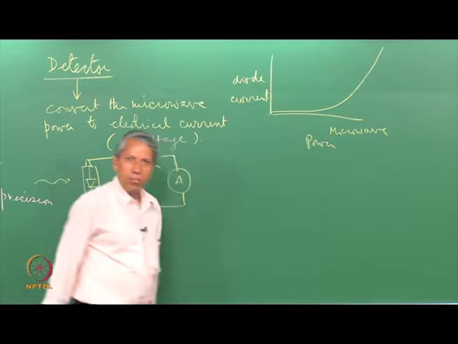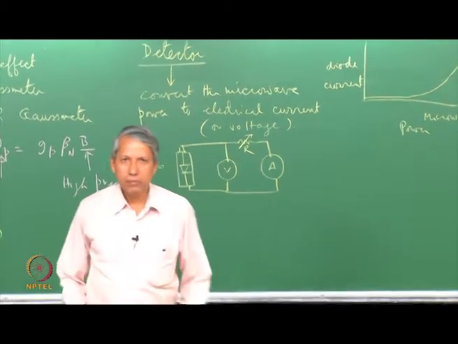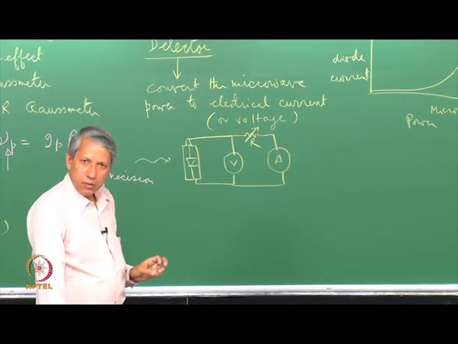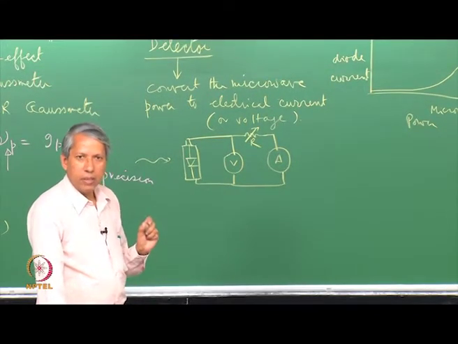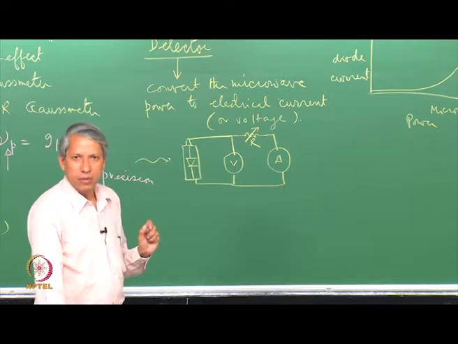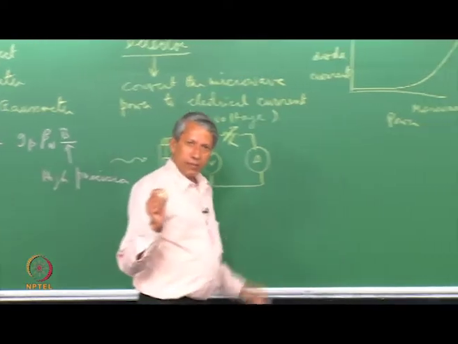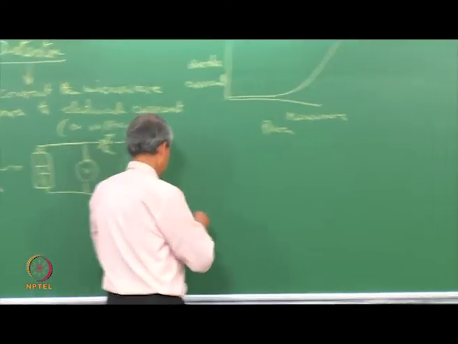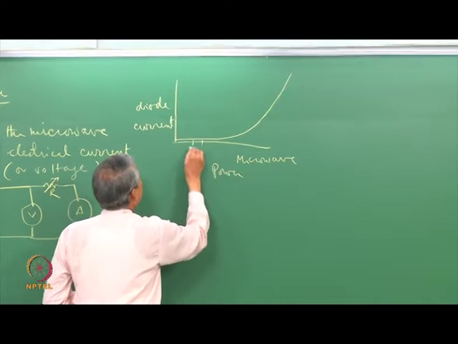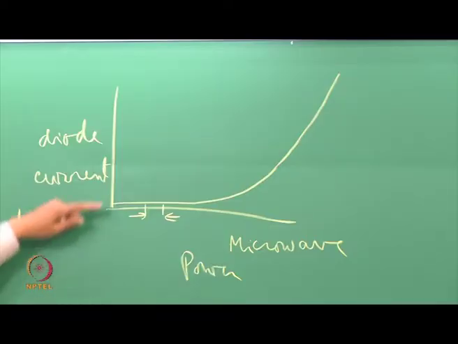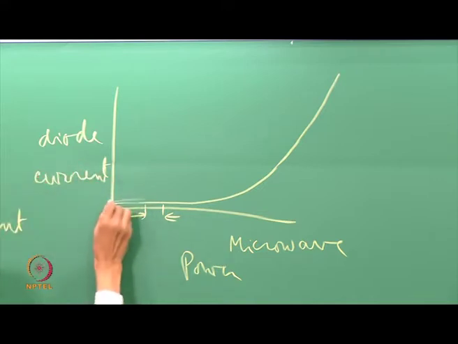Now go back to our discussion of the microwave cavity, where I said that the EPR absorption gives a small disturbance in the cavity and that causes some extra reflection of microwave from the cavity. So if the extra reflection is a measure of, let us say, reflected power given by this magnitude here, then the diode current will change by very imperceptible amount here to here, very small amount.